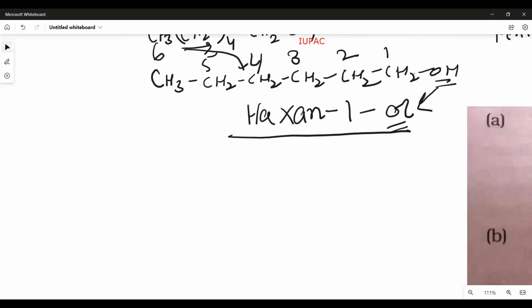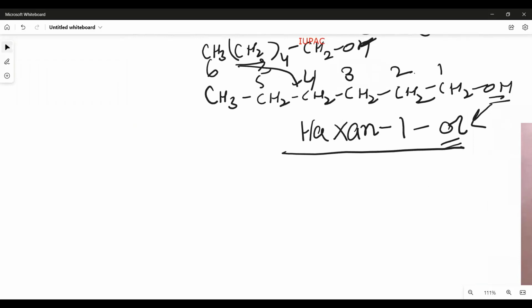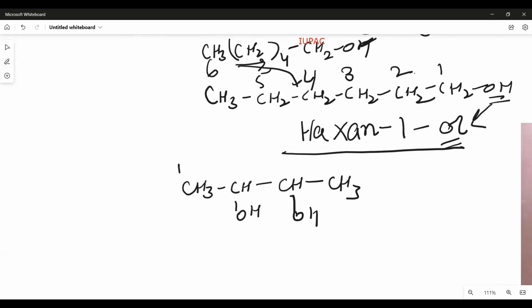Now suppose more than one OH group is present. If more than one OH group is present, like if you take this molecule, you have to see the sum of the substituent positions also. 1, 2, 3, 4. 2 plus 3, 5. From the other side, 1, 2, 3, 4, 2 plus 3, 5.